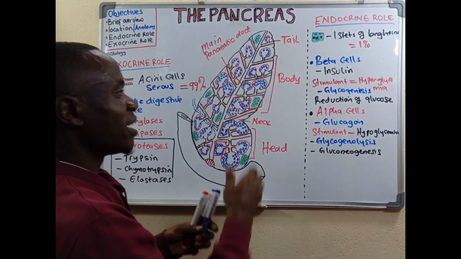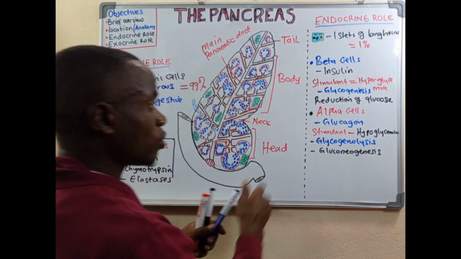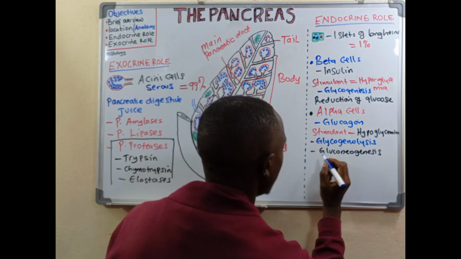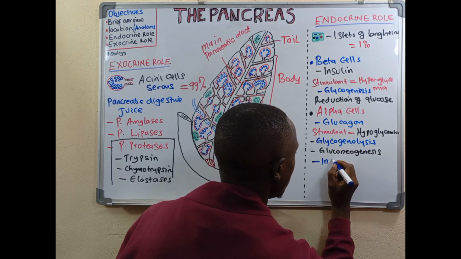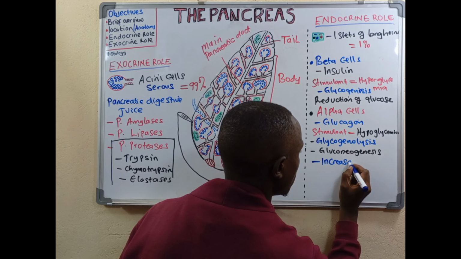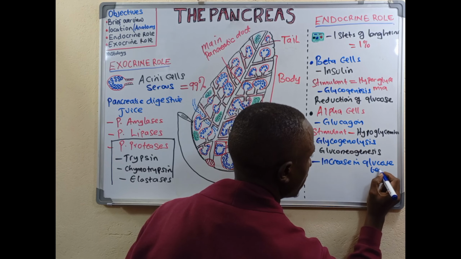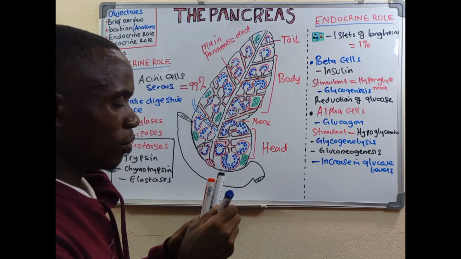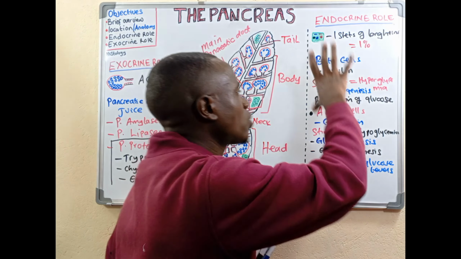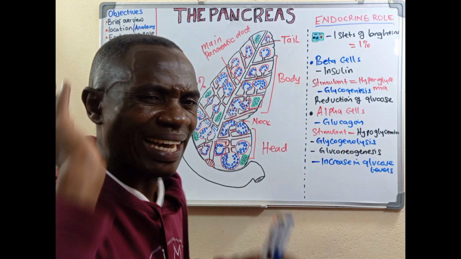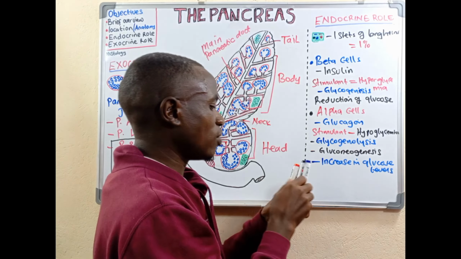So the main function of the alpha cells, or glucagon, is to increase glucose levels. These are the two main cells that I want to pay much attention to in the islet of Langerhans.